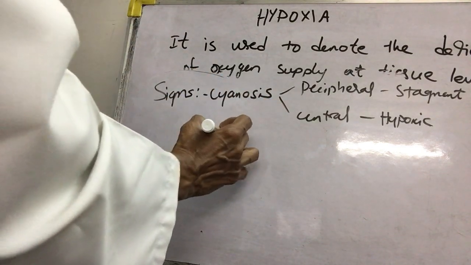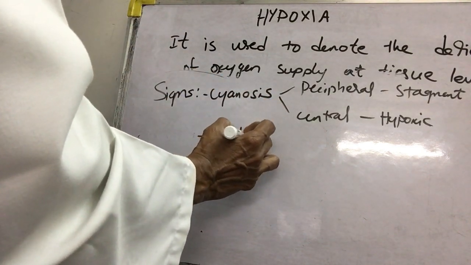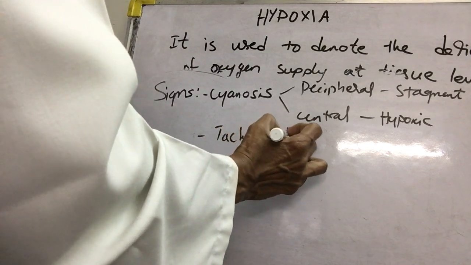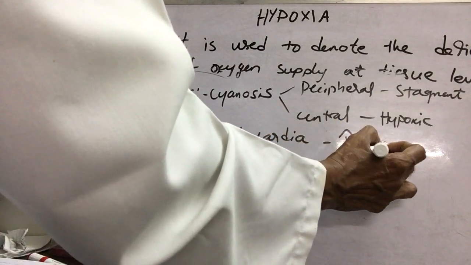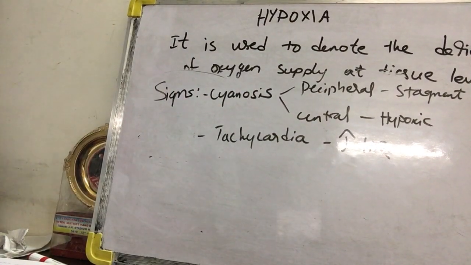And apart from cyanosis, there can be tachycardia, that means increased heart rate. This increase in the heart rate can be due to chemoreceptor reflex in response to low oxygen tension.